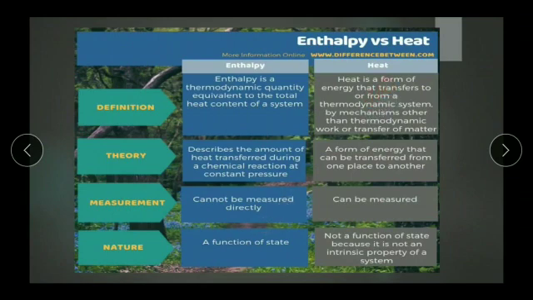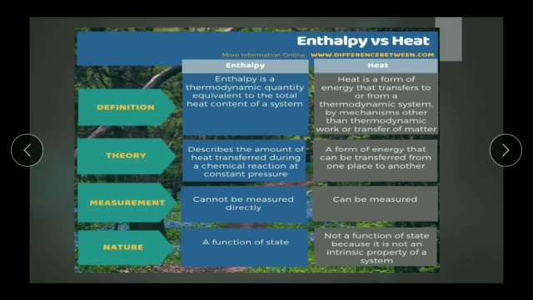First, the definition. Enthalpy is a thermodynamic quantity which is equal to the total heat content of a system. What is heat? Heat is a form of energy that is transferred to or from a thermodynamic system.